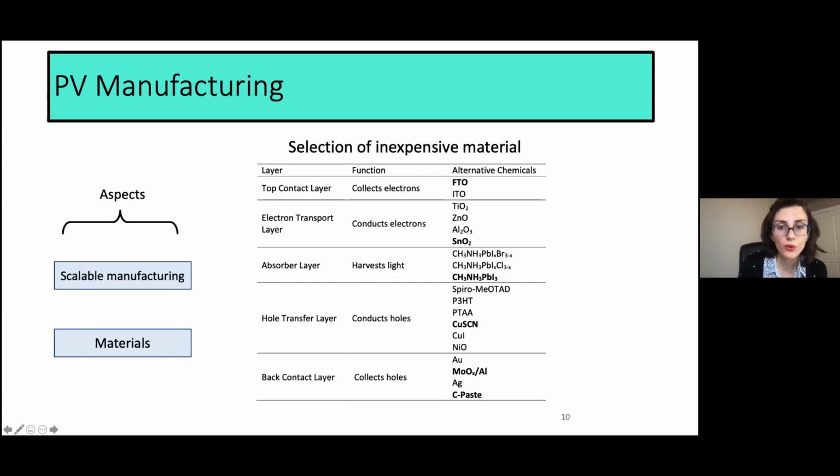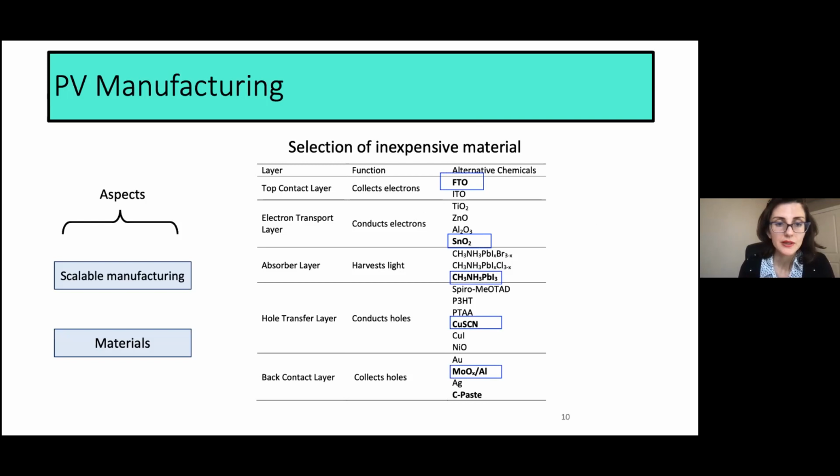First, we considered all types of alternative materials that are commonly used in perovskite PV structures. Then we made a cost-based elimination, and here we defined the cost in terms of both material and processing cost. As a top contact layer material, we identified fluorine-doped tin oxide, or FTO, as the best alternative. For an electron transport layer, tin oxide could be the low-cost, low-processing-cost material.